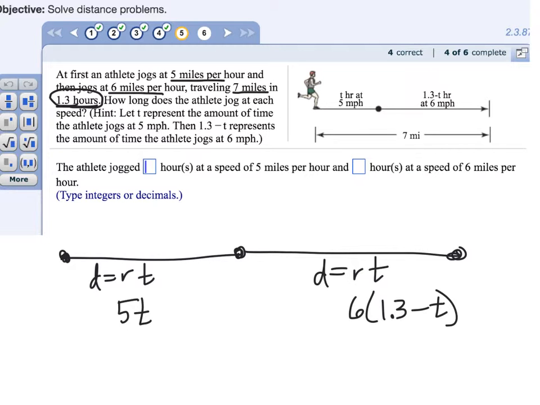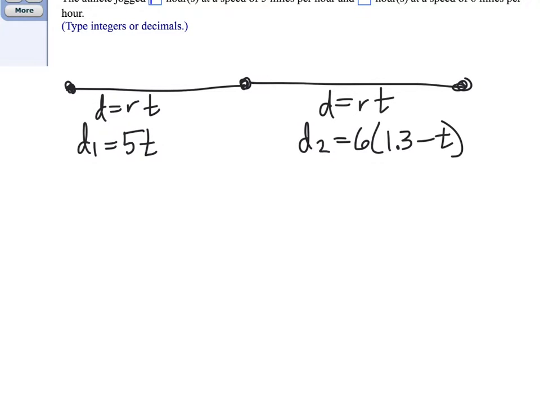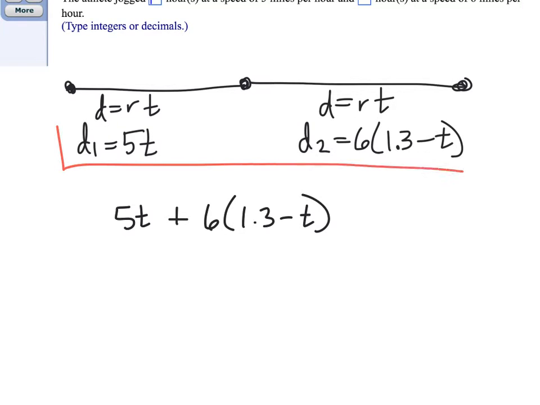Now, the cool thing is we know that if you add this distance, I'm going to call it d1, and add this distance, d2, we are told it's going to be 7 miles because it says so right here. And so now we're going to just write out the algebra equation: 5t plus 6 times (1.3 minus t), those two distances put together, equals 7.